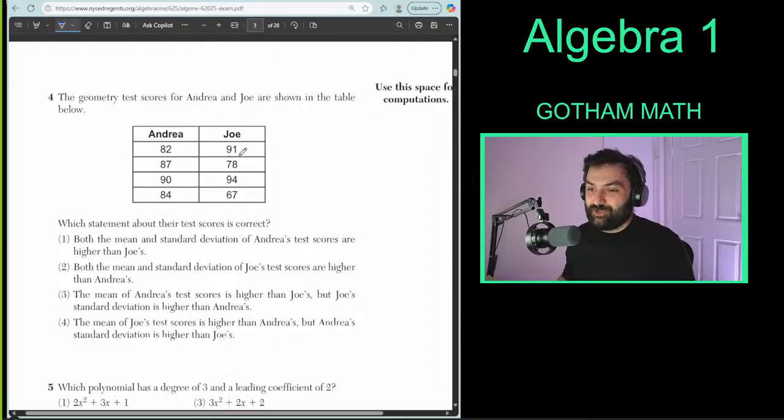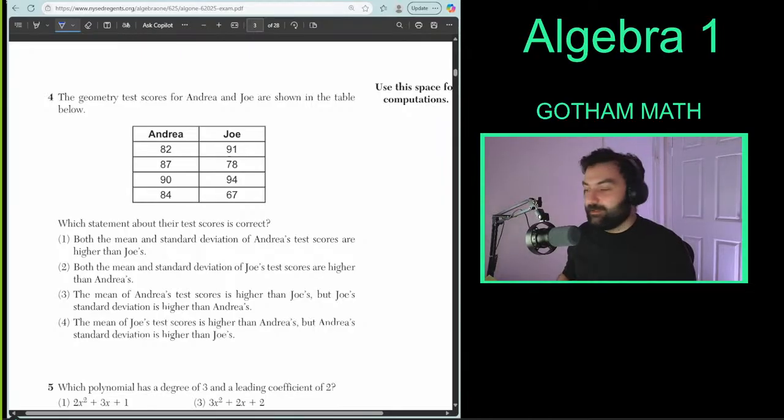Well, I would suggest lining those numbers up. I kind of promised that I'm gonna do it without a calculator, but actually, I think I'm gonna have to use a calculator here.